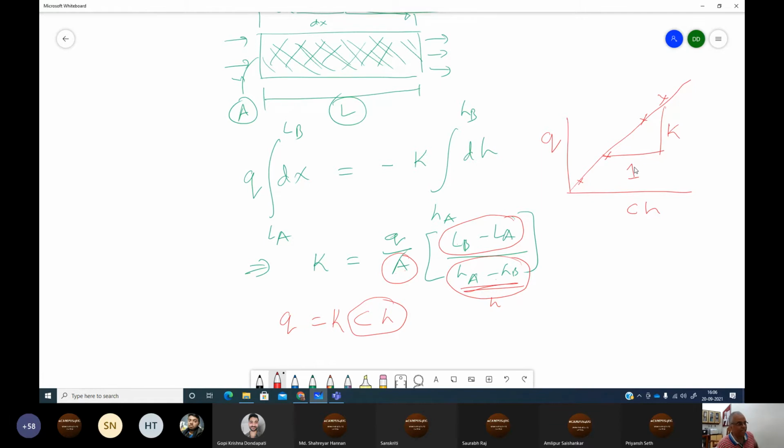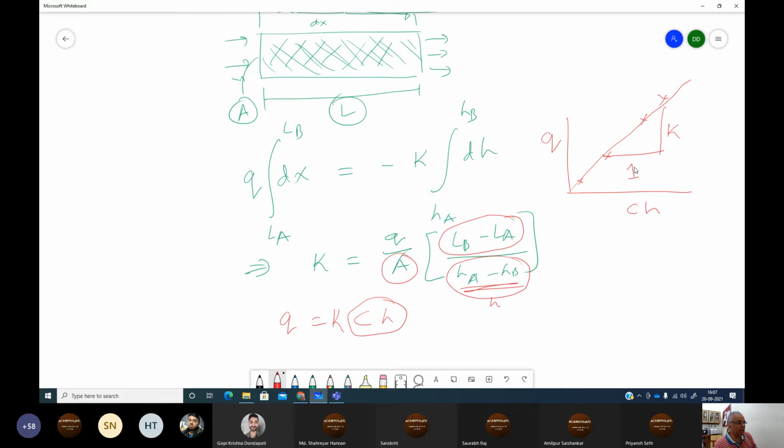So to find out K, I have to do 3-4 experiments. One experiment is not enough. You understand what I'm saying? So we are going to change the H, that means the hydraulic head.